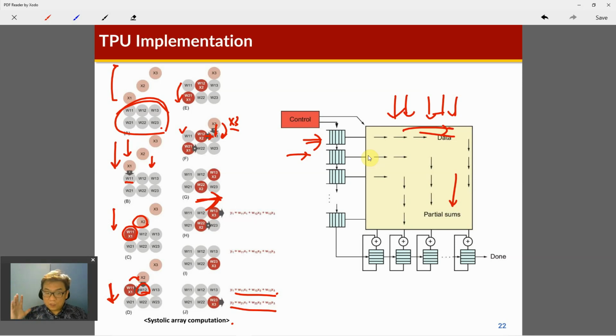But the TPU has a large on-chip scratchpad memory. So a large matrix can be stored in this on-chip buffer, and the data can be efficiently computed by the computing unit of the TPU.